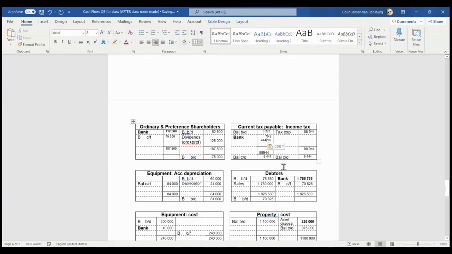I've got to put it in here. Right, and that was a balance. Okay, something like that. Now I don't want that bolded.